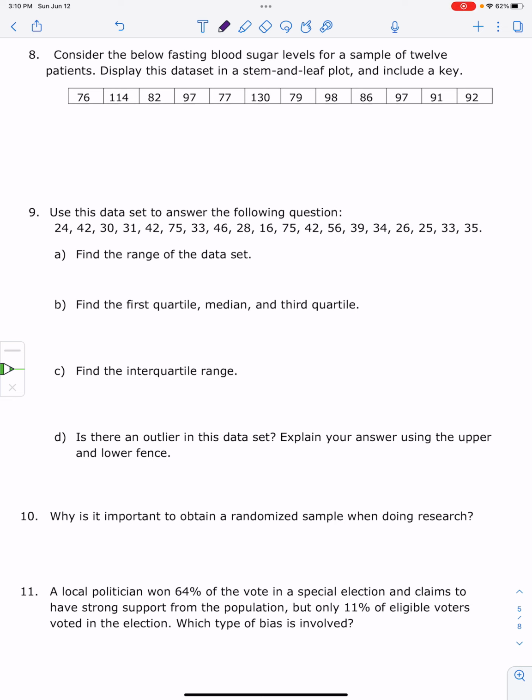So we are going to start with question number 8, which has the data for fasting blood sugar levels for a sample of 12 patients. We want to display this in a stem and leaf plot.